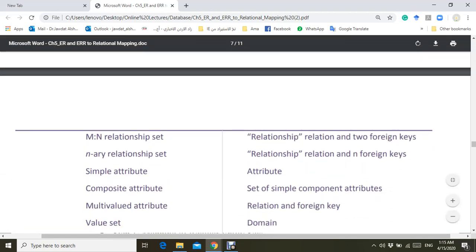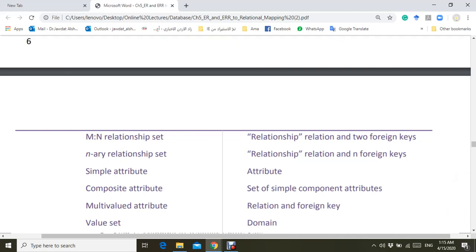In a many-to-many relationship set, we make a relation with two foreign keys. The first foreign key belongs to the first relation, the second foreign key belongs to the second relation. These two foreign keys will make the primary key for this relation, besides the attributes. If we have an n-ary relationship set, this means we have more than two entities involved in this relationship.